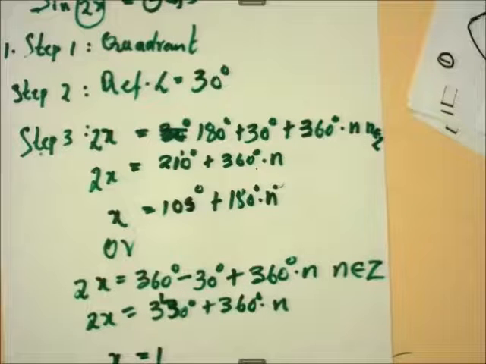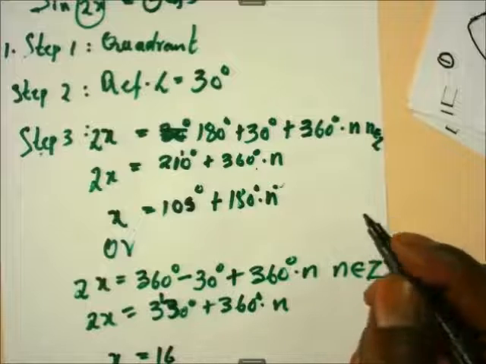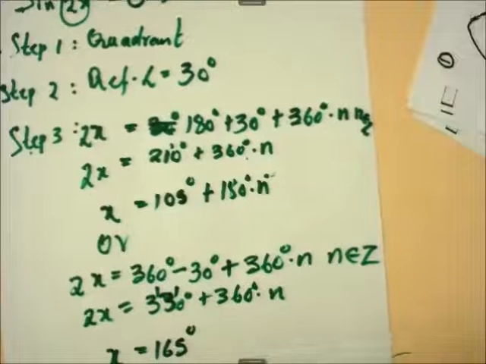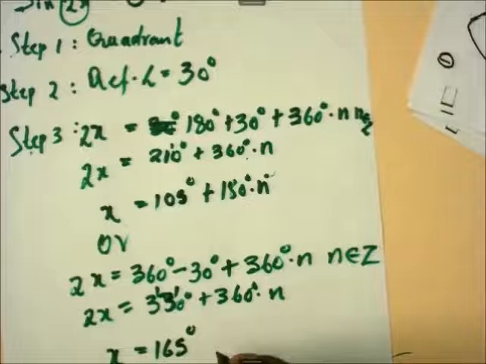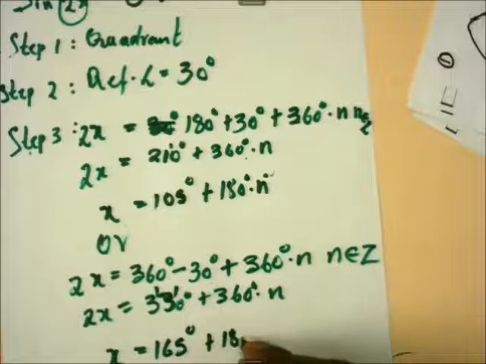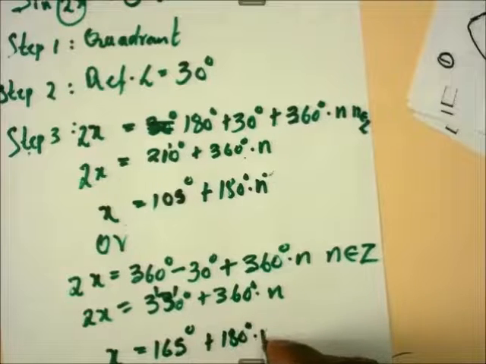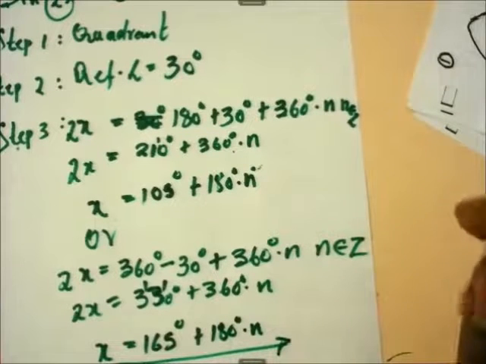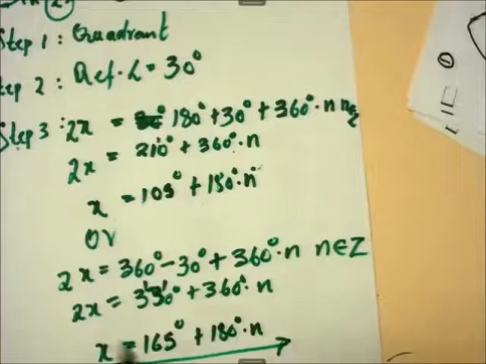It will leave 1. Into 13, it will go 6 times. It will make 12. It will leave 1. Into 10, it will go 5 times. So we've got 165 degrees plus 2 into 360 degrees, it goes 180 degrees times n. That will be the general solution for that problem.